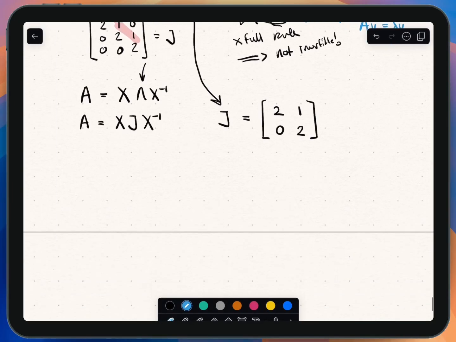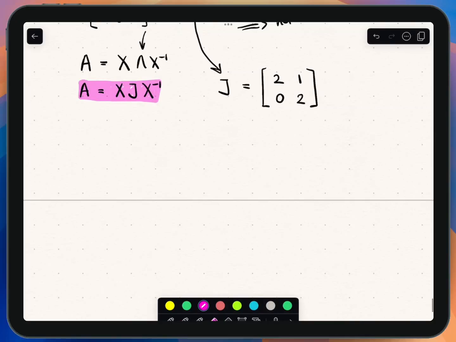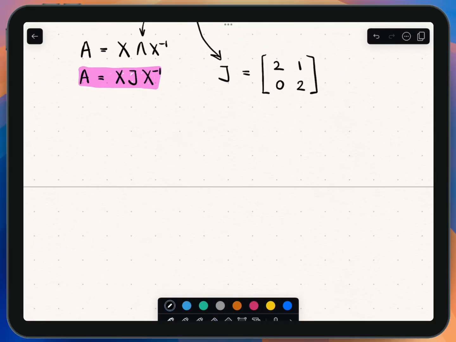And here's why. If we begin again with our new equation that we'll be working with, A is equal to X J X inverse, what I can do is multiply by X on both sides. So that's going to become AX is equal to X J X inverse X. And X inverse X is just going to go to the identity matrix.